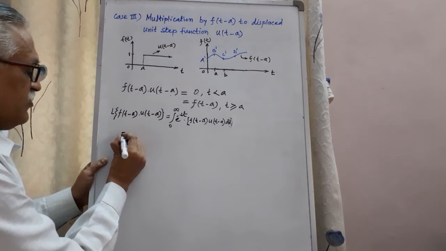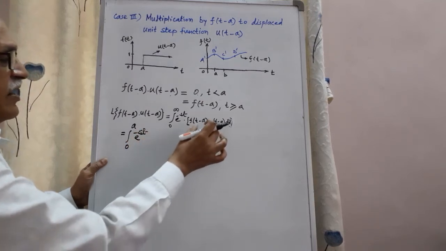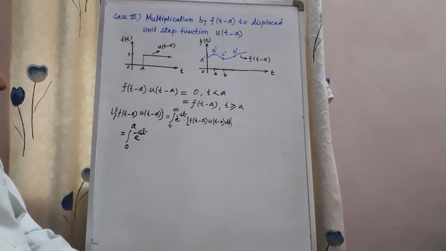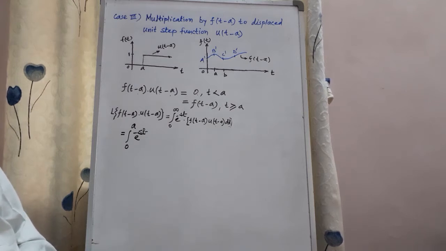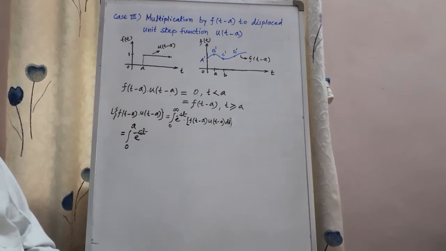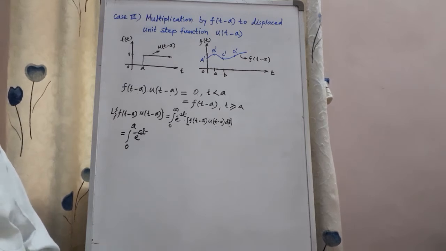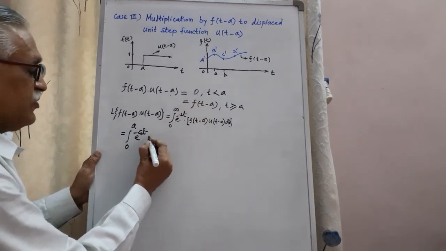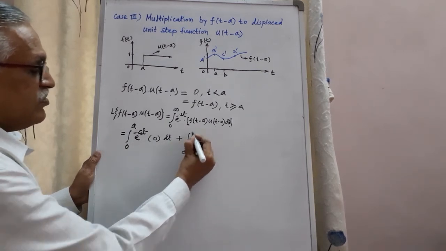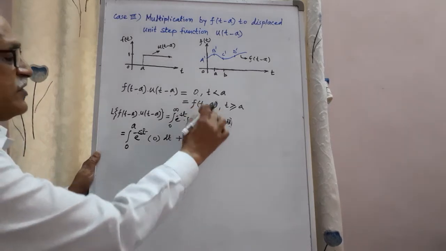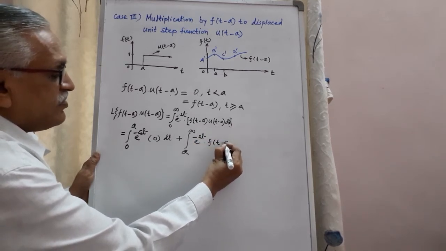The integral from 0 to a of e raised to minus st has the function value 0, so it is multiplied by 0. From a to infinity, its value is f of t minus a, so we have e raised to minus st into f of t minus a.